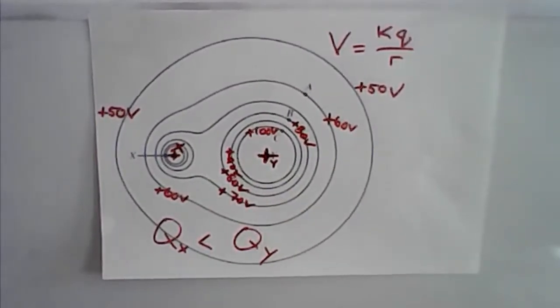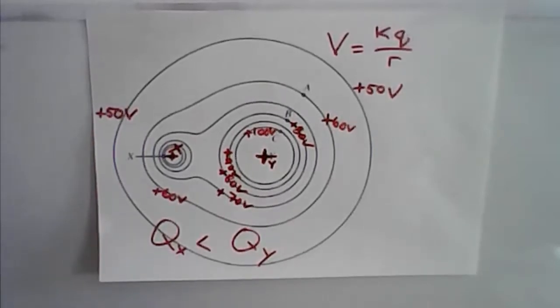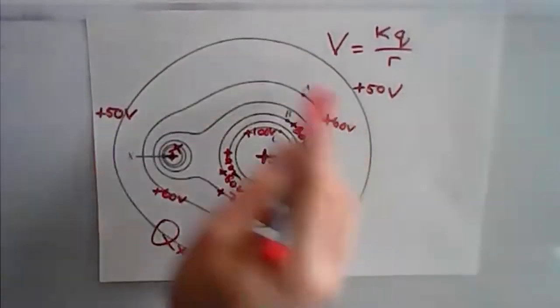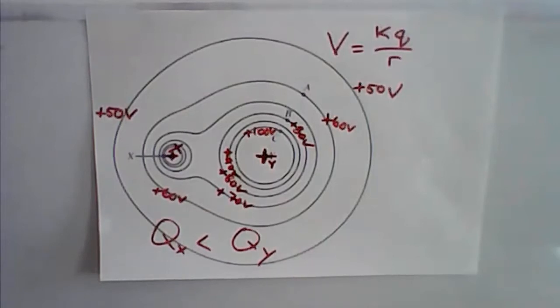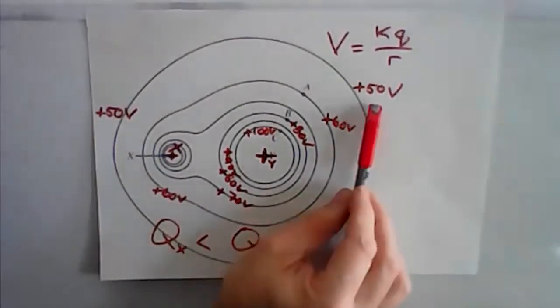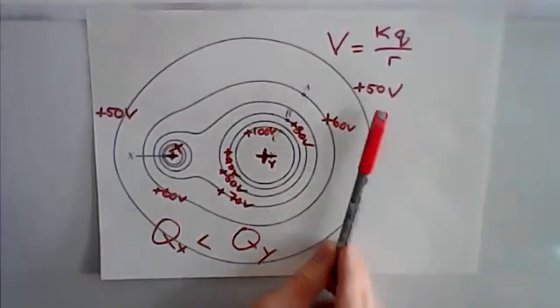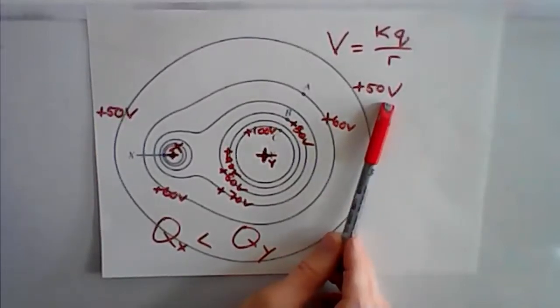Good. And they're also then telling us that the gravitational isolines will look the same shape. Okay, but of course, for gravitational potential, it wouldn't be measured in volts.